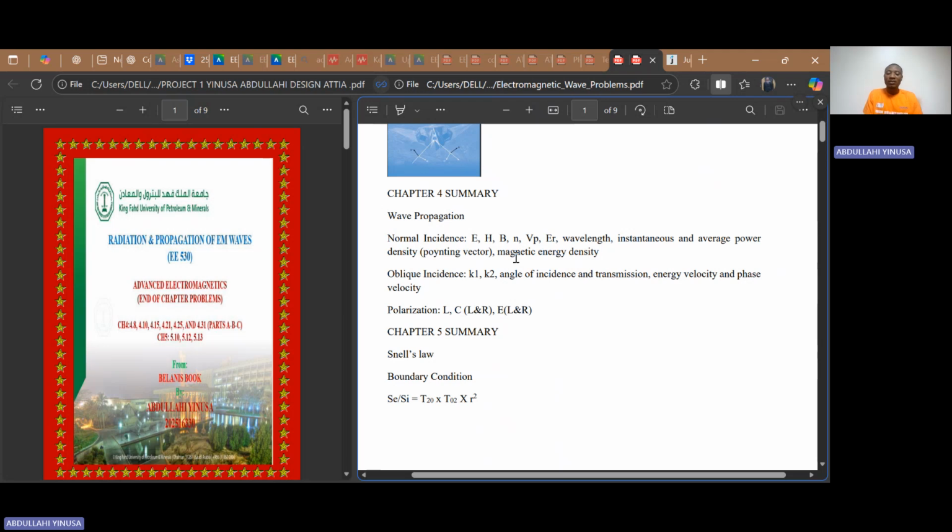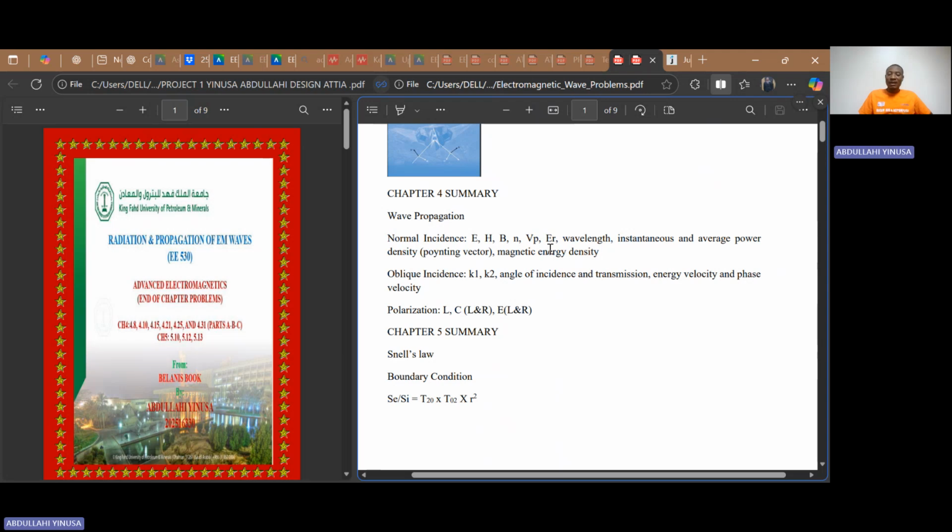The next one is the wave impedance, which is eta. The wave impedance is measured in ohms. We have the phase velocity as well, which is the velocity of the movement of the wave, and it is omega over beta.